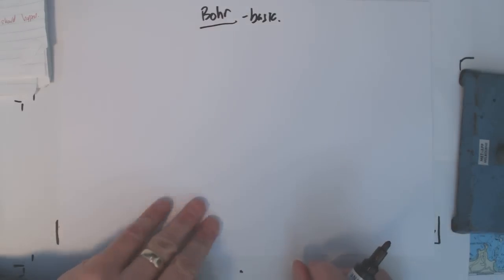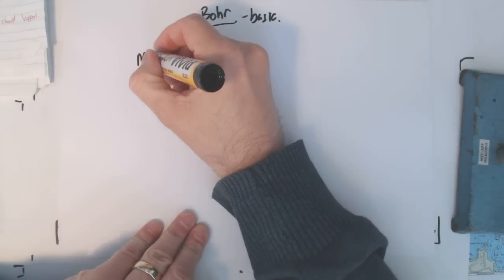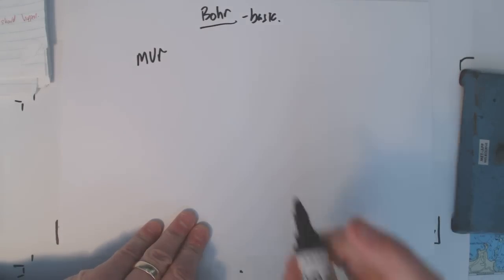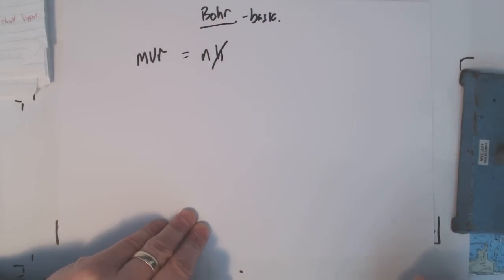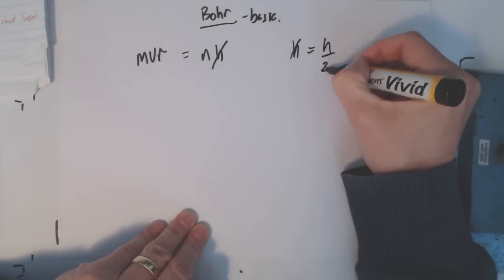But for this one, I just want to say that what Bohr was doing was he was basically saying angular momentum, the MVR formula, maybe is related to this constant, Planck's constant. H dash, by the way, is equal to h over 2 pi.